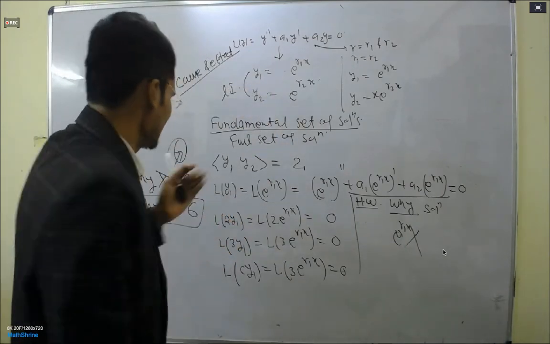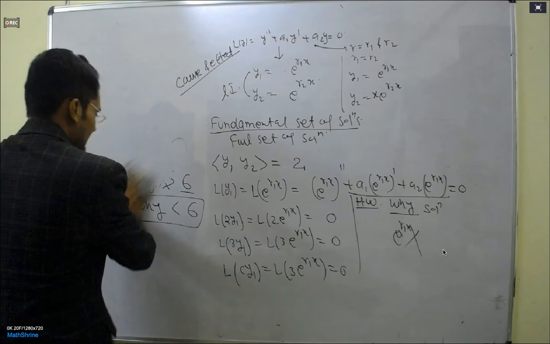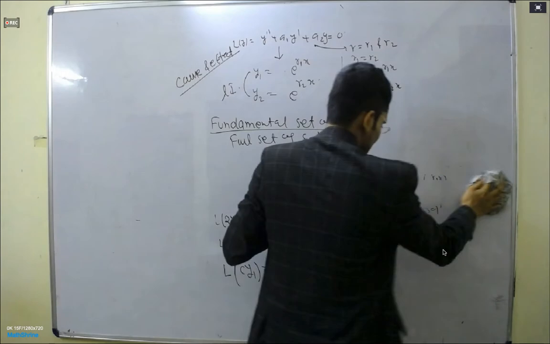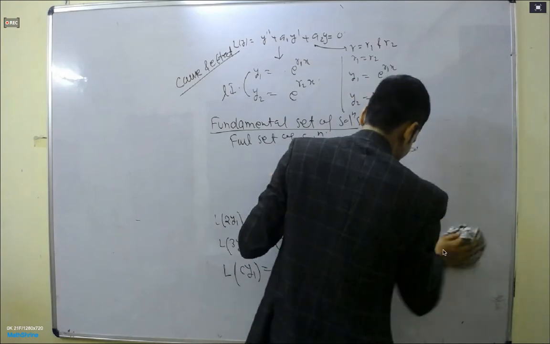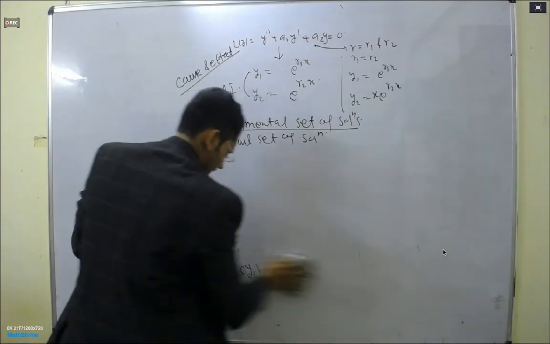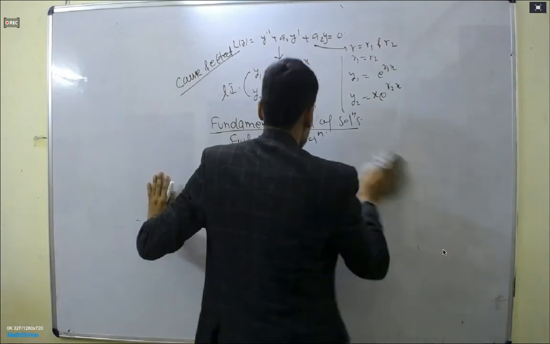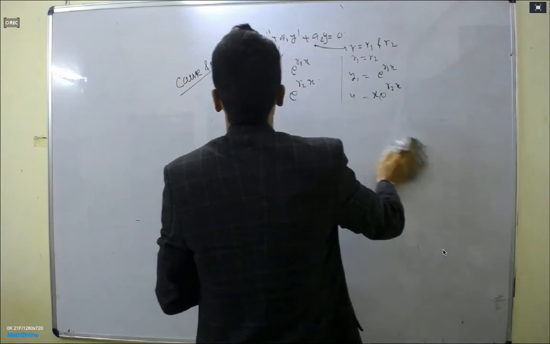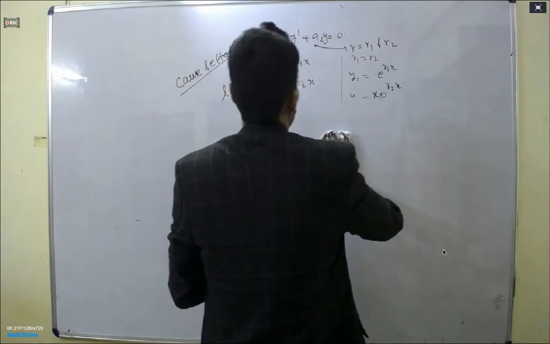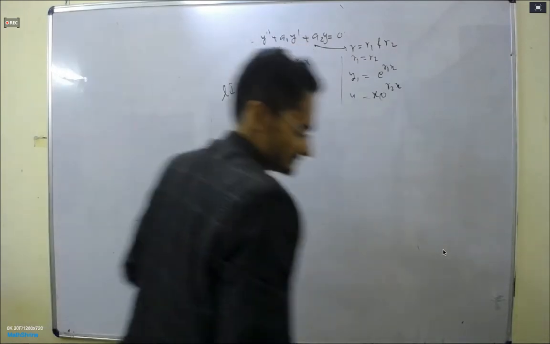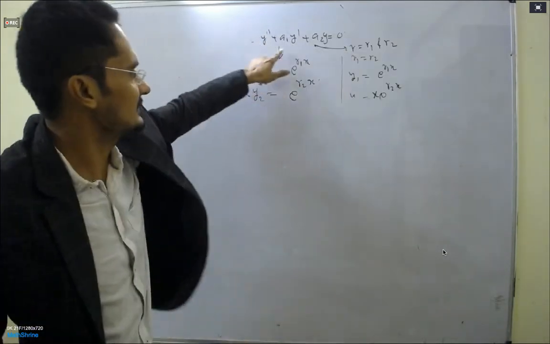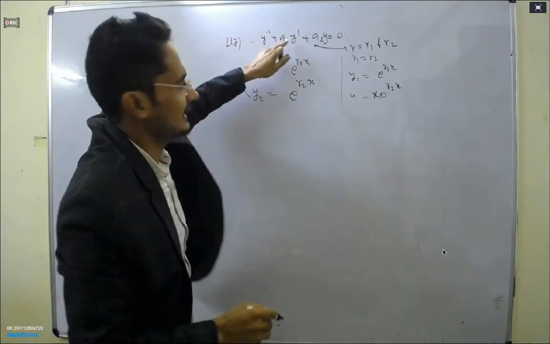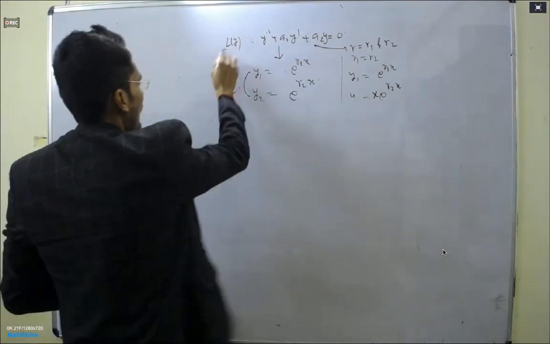A differential equation of the form Ly equal to 0, of second order, first order, or any order, always has infinitely many solutions. Always, because the conditions are not given, a scalar multiple will always be a solution. So whenever this option comes, you can write directly: infinite solutions.